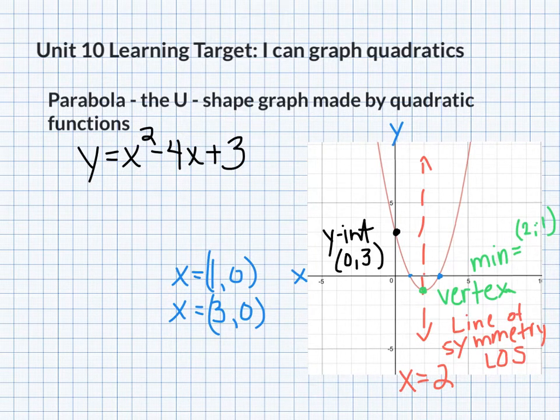Let's look at ways to get the line of symmetry. Look back at that vertex, (2, -1), right down there. The line of symmetry goes through that 2. Then we'll look at a couple other things, the y-intercept and the x-intercepts.